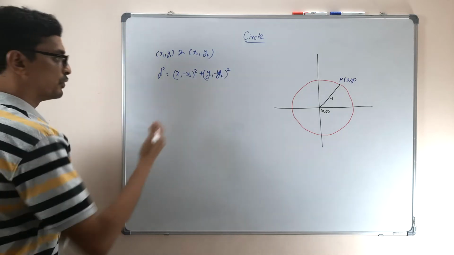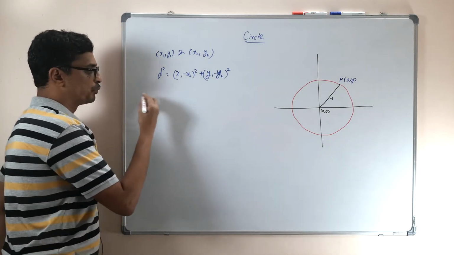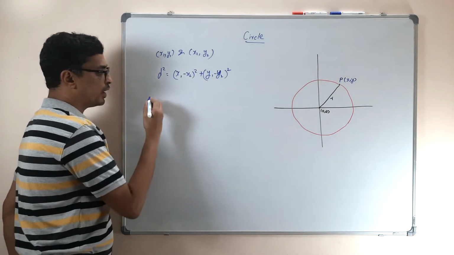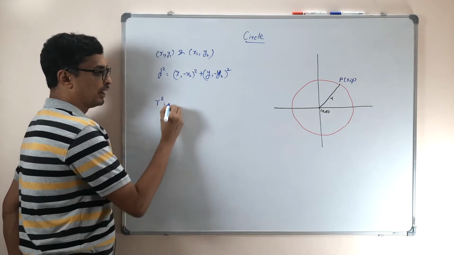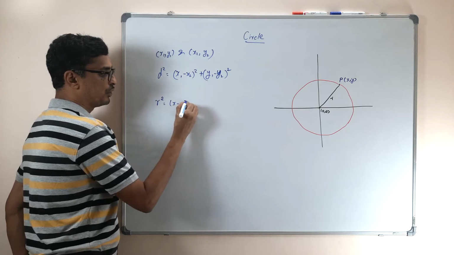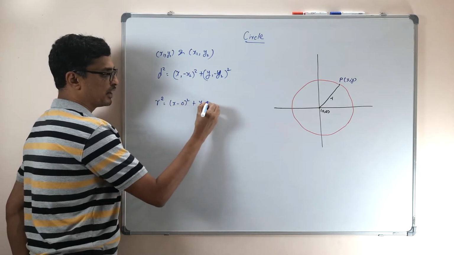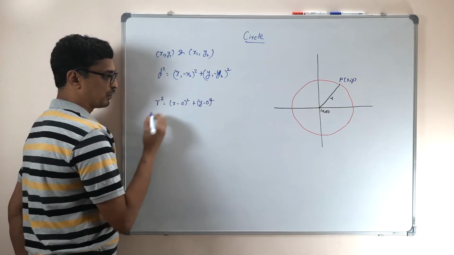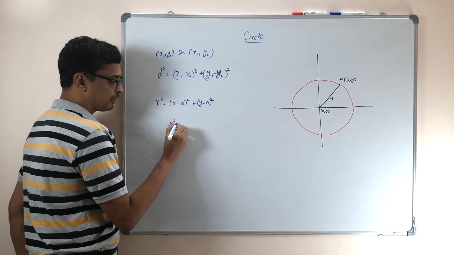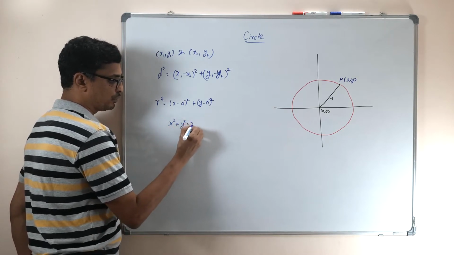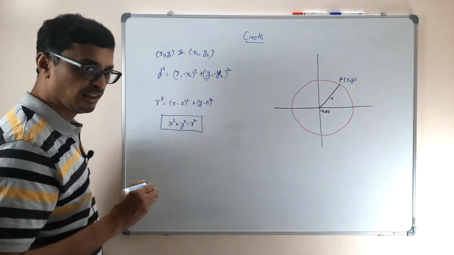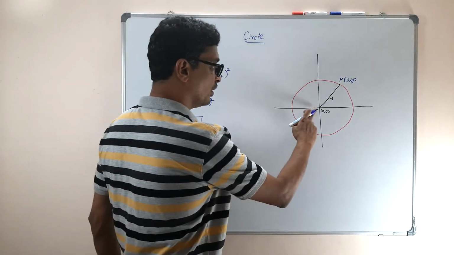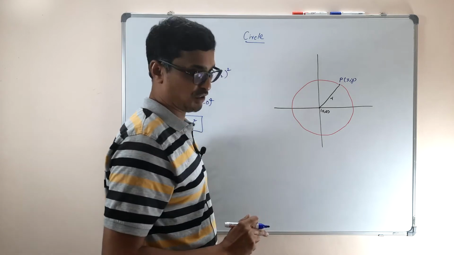Same thing here. Tell me, here the distance is what? Radius, correct? Radius square is equal to x minus 0 whole square plus y minus 0 whole square. So this will be x square plus y square equal to r square. This is the equation of the circle when the center is at the origin.